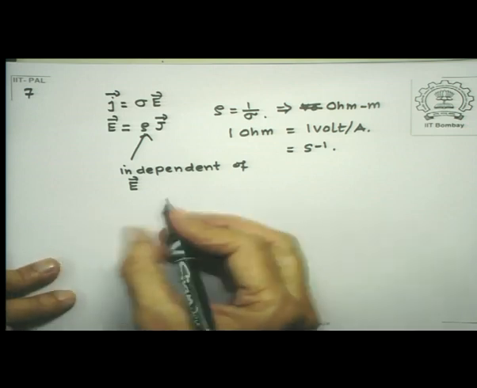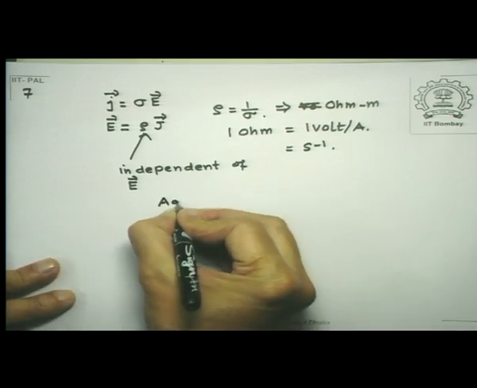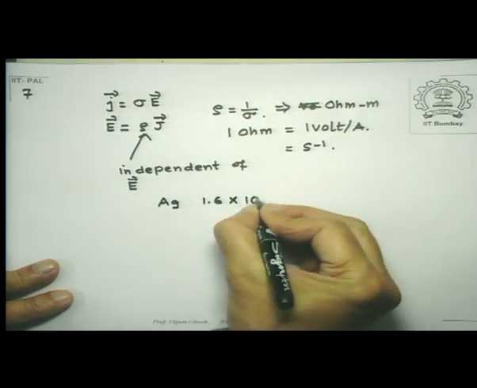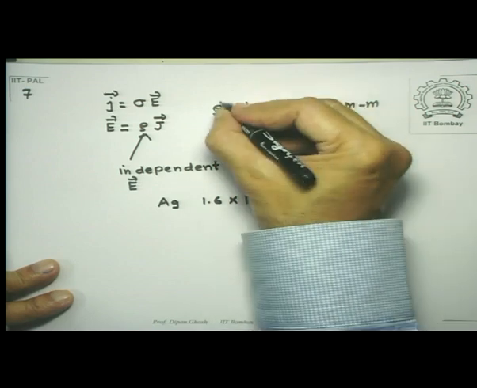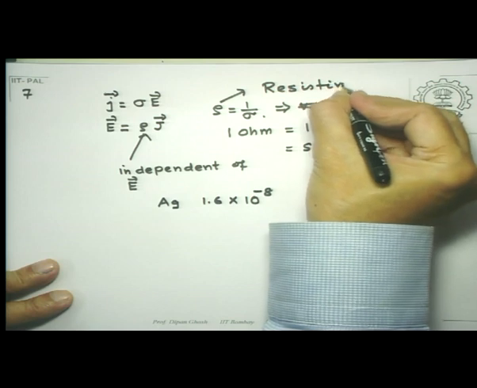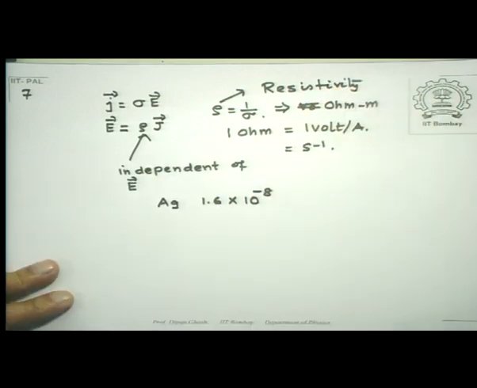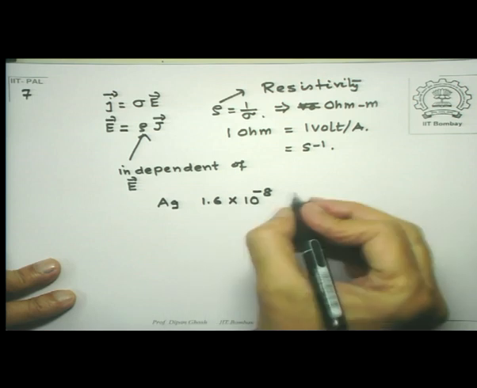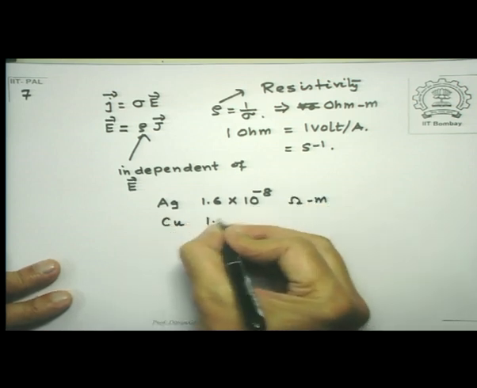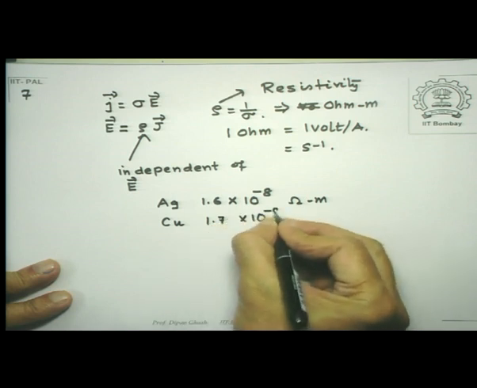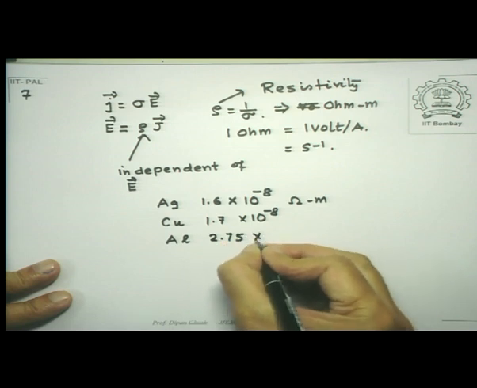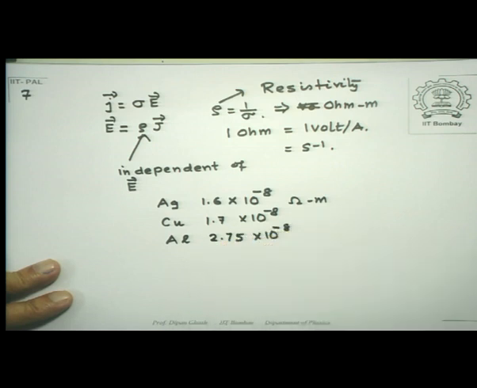So, typical good conductors are, for instance, silver, which has a resistivity of 1.7 times 10 to the power minus 8. The name of rho is resistivity, and this is in ohm meter. Copper 1.7 times 10 to the minus 8, aluminum 2.75 times 10 to the minus 8, etc. These are some good conductors.